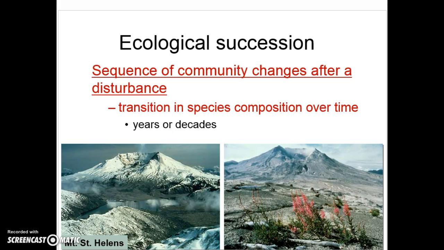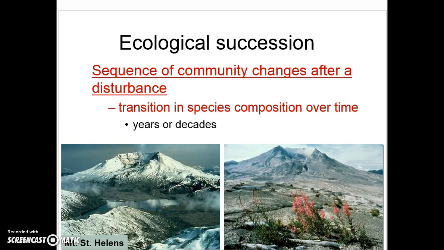Okay, so our last concept is to discuss succession. So succession is essentially, again, thinking of the structure of a community and what happens over time. So it's the sequence of community changes, particularly after some sort of disturbance. And there's just some definitions that you need to be familiar with.